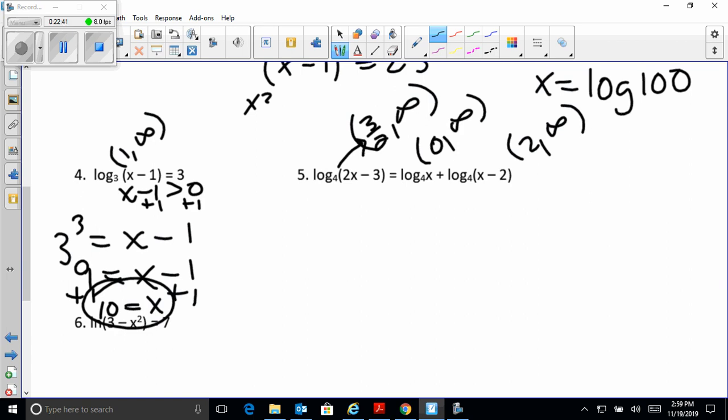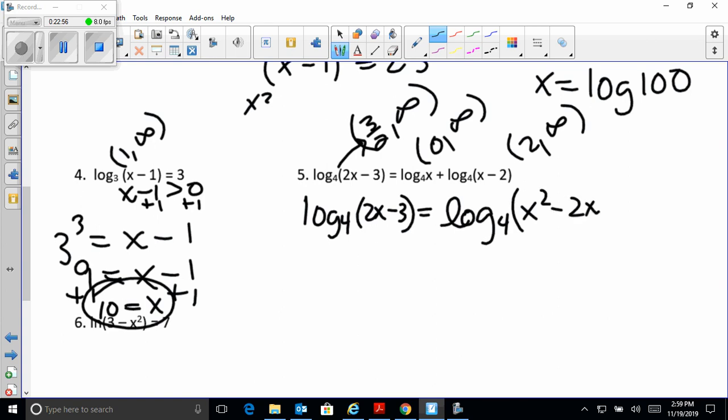Oh, not too bad. First, we're going to notice that the right side has an addition, which means we can write it as multiplication. So we're going to condense it. x squared minus 2x. Then, because they're the same logs, we can use the one-to-one property.